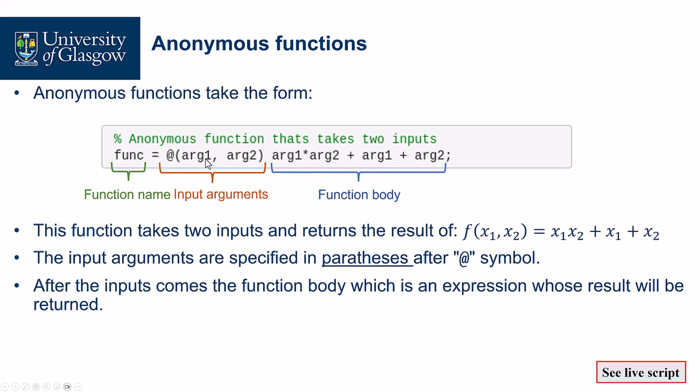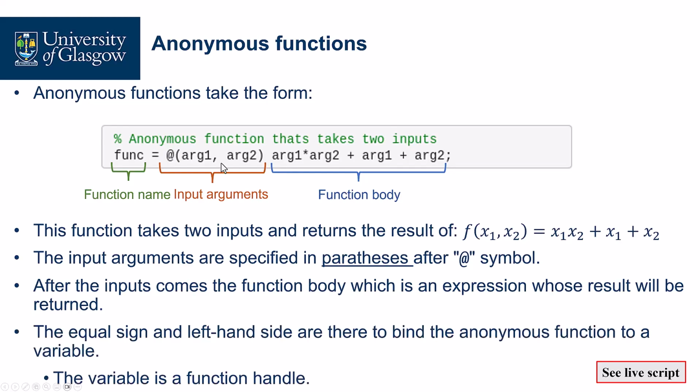So no explicit output is defined because there's only one output value. At last, we assign all of this to a function variable. We call it func. We call it a function handle, or function pointer, no problem. We call it a function variable now. So this one is both a function and a variable that can be used elsewhere.